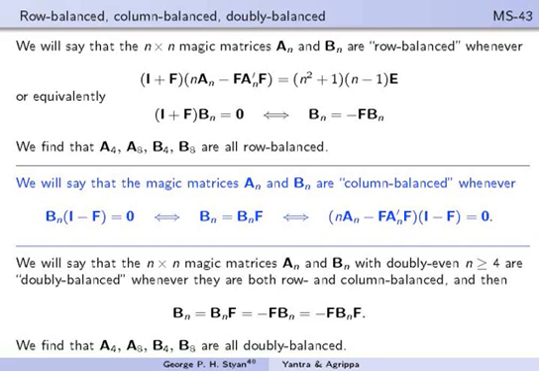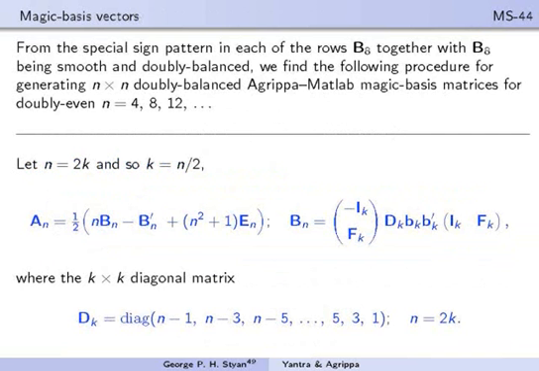This will lead us to a reduced magic basis matrix. From the special sign pattern in each of the rows of B8, together with B8 being smooth and doubly balanced, we find the following procedure for generating n by n doubly balanced Agrippa-MATLAB magic basis matrices for doubly even n equal to 4, 8, 12, and so on.